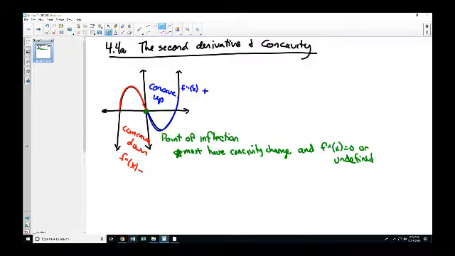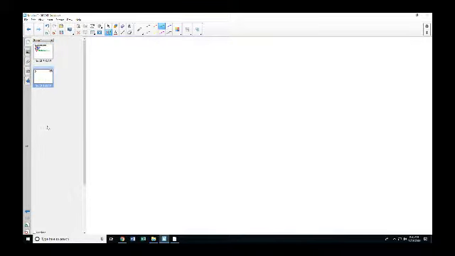Then you have a point of inflection with the second derivative. We don't mess with that. We just worry about the original function that you're working with, usually, and the points of inflection of that. Does that make sense?